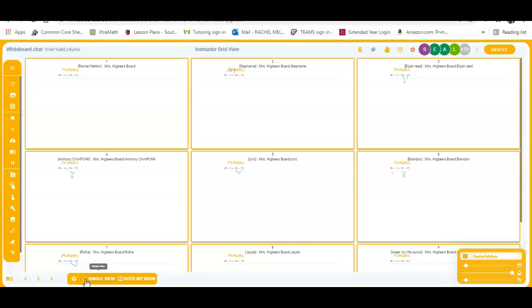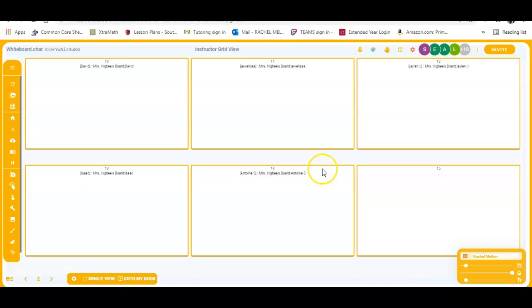All right, I see Stephanie and Elijah. I see Anthony and Lyric. I see Brandon and Rita. Jada and Israel. I see David and Julissa.